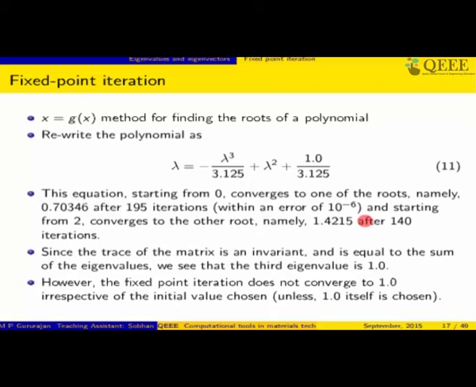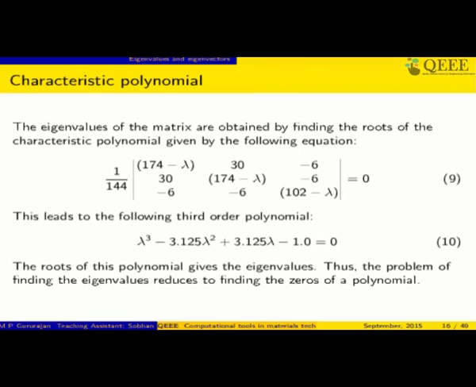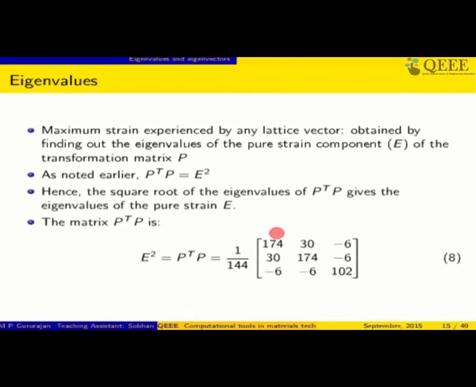We also know that the trace of a matrix is invariant and it is equal to the sum of eigenvalues. So if you have 3 eigenvalues, what is the trace of this matrix? Can you look at this matrix and tell me what is the trace? You have to remember there is a 1 by 144 outside the matrix.